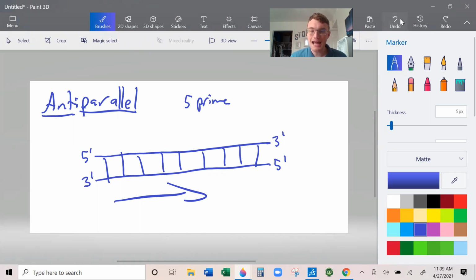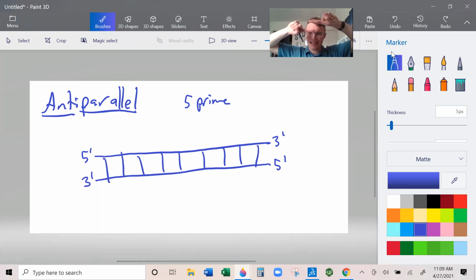So that's what we mean by antiparallel, is the strands are parallel to each other, but 5 prime and 3 prime, the ends of them are pointed in opposite directions. They're traveling in opposite directions, just like a highway. That's what antiparallel means. Now, how can you tell the 5 prime end of a strand apart from the 3 prime end of a strand?